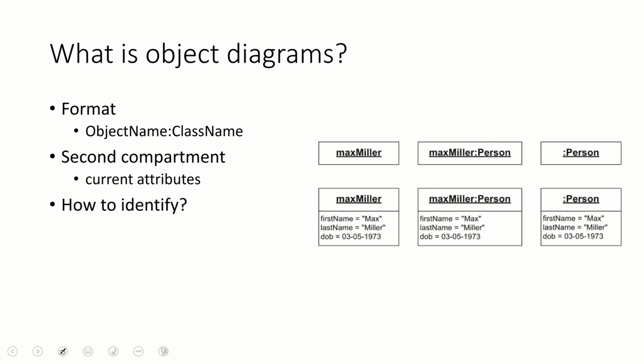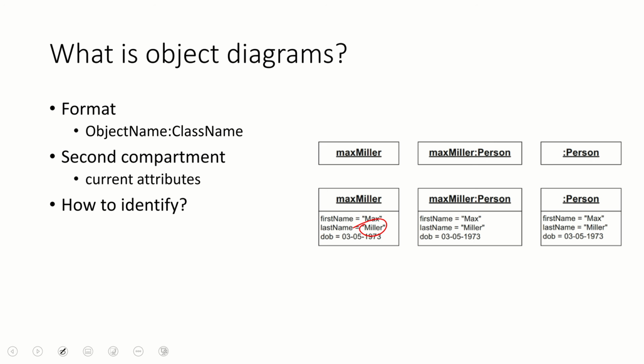This helps us understand and identify the differences between objects. It's the same idea as in our class: probably we have two Davids, but it doesn't mean they are the same person, right? We can identify them using maybe last name.